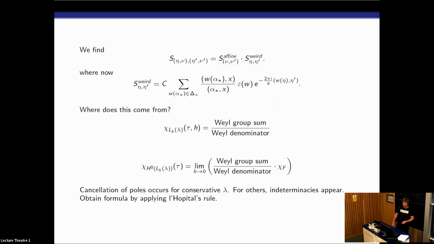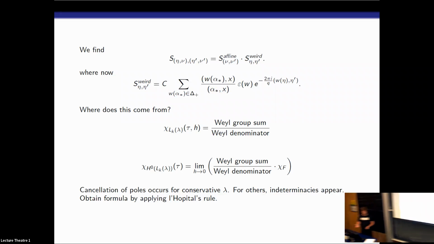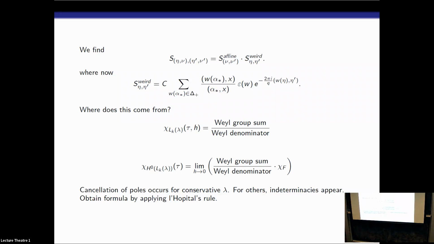And just some comments on where this comes from. It really is the same strategy as in Kac and Wakimoto and Frenkel-Kac-Wakimoto. For the characters, we have to introduce some additional Cartan element, h, inserted into the characters.